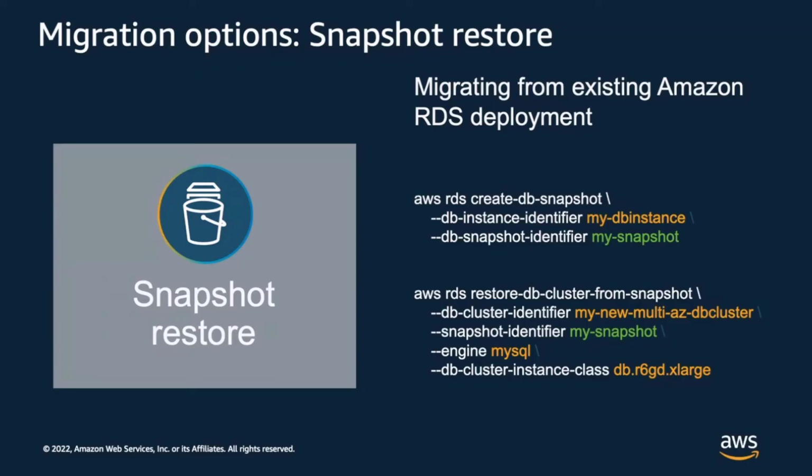In this case, you create a DB snapshot from your existing single AZ or multi-AZ instance, then do a restore DB cluster from snapshot API call, as you see on the screen, using the same snapshot. And you will deploy the new instance. You will note that you have to make a change and declare what instance type you want, but otherwise it is a snapshot restore.